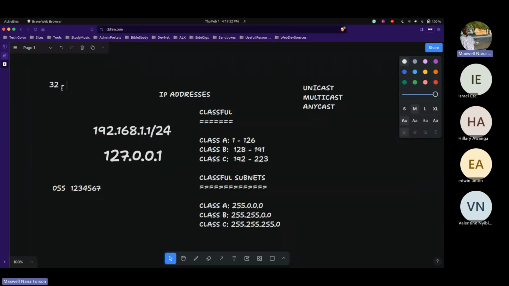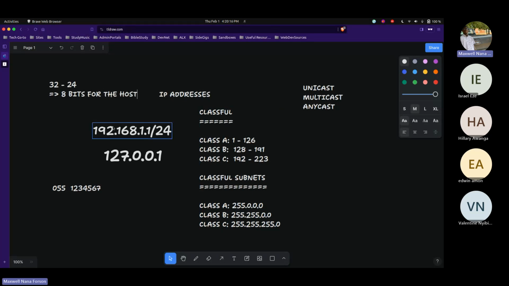So 16 plus 16 is 32. So if you are looking at something like this, you are just going to do 32 minus 24, and the answer you get is 8, right? Meaning that we have 8 bits for the host.